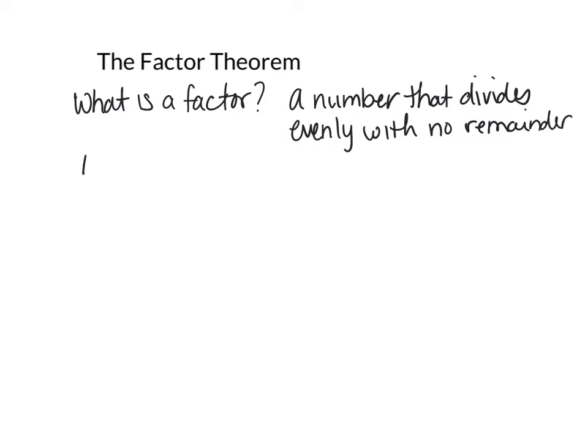So for example, factors of 12 are 2, 3, 4, 6, 12, and 1. Those are all factors because they divide evenly into 12.